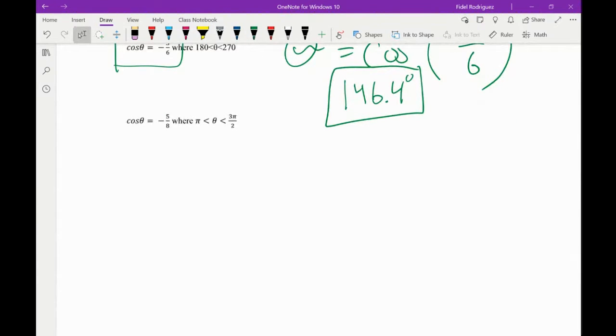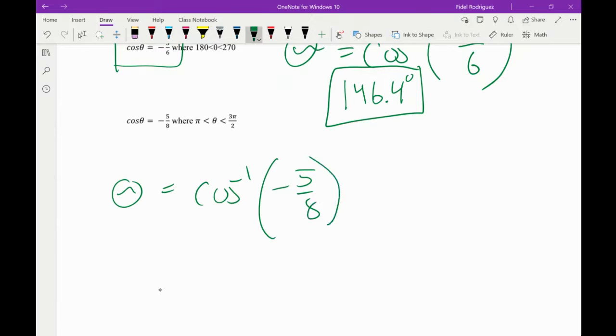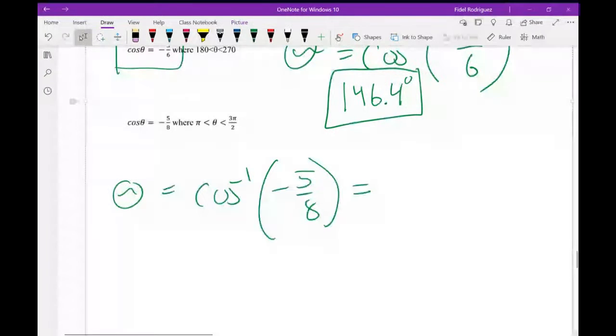And then let's take a look at the next one here. Cosine inverse of negative 5 over 8. So again, theta is going to be equal to the cosine inverse of negative 5 over 8.